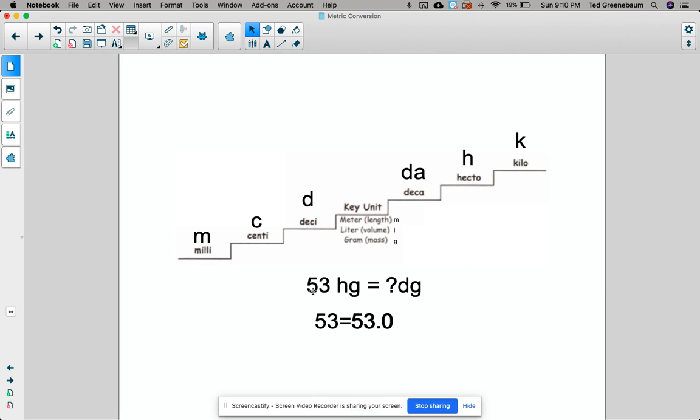Let's try 53 hectograms. How many decigrams? So here's what I'm going to do. I'm going to put my 53 right there.